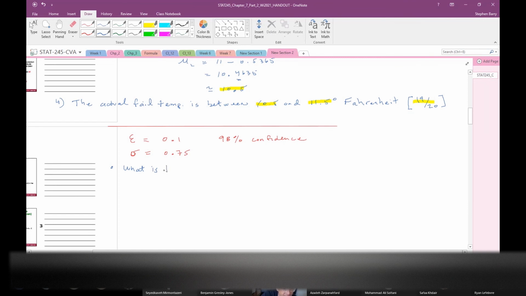So let's just say, what is the sample size needed, or how many O-rings must you test to get the error on the mean within 0.1 degrees? Assume 98% confidence.